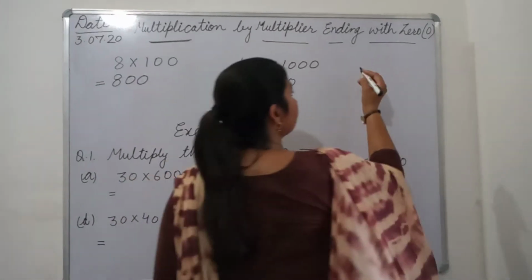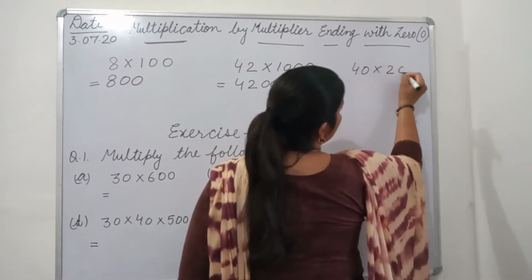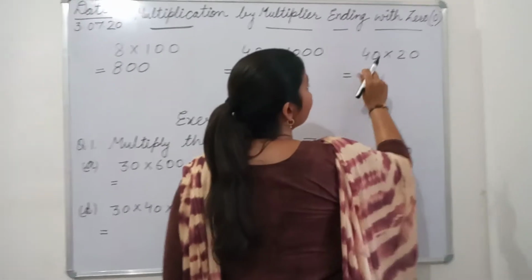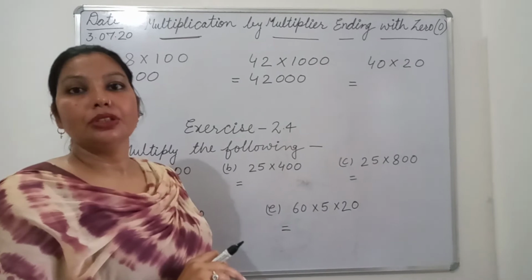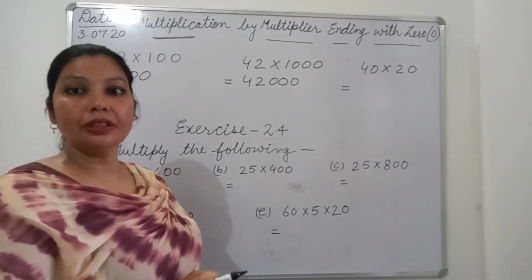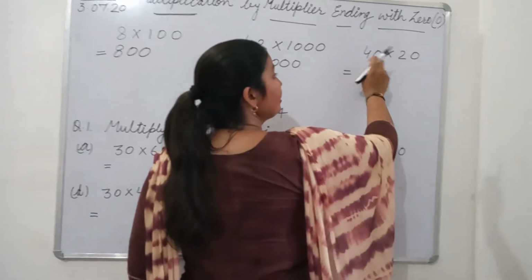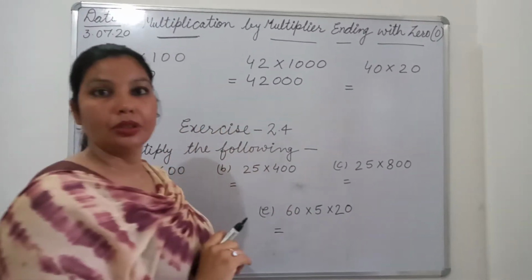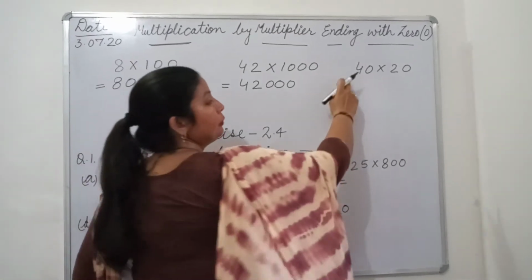One more example. We have 40 multiplied by 20. Now we will see that there is a multiplicand and a multiplier, both ending with 0. So what do we do? Firstly we will multiply the non-zero digits. The non-zero digits are what? 4 and 2.